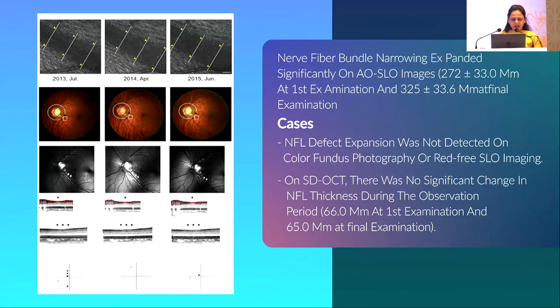When we started in 2013, the width was 272 microns, and it further expanded up to 325. We are talking about the narrowing. And none of the changes were visible on the color fundus photograph. Only OCT showed the localized thinned out area.